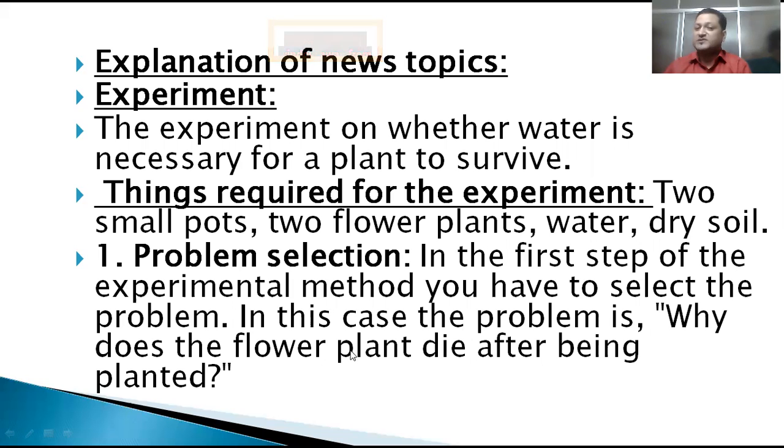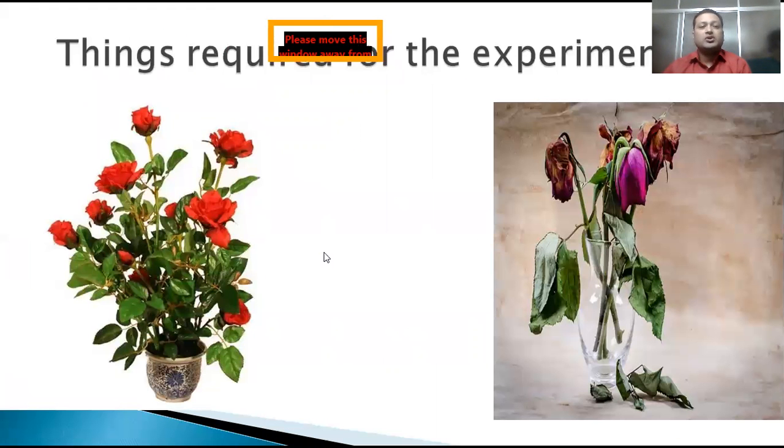Number one, problem selection. What types of problem? In the first step of the experiment method, you have to select the problem. I already told you. In this case, the problem is why do the flower plants die after being planted? Okay, so things required for the experiment. See, I have given here two flowers.